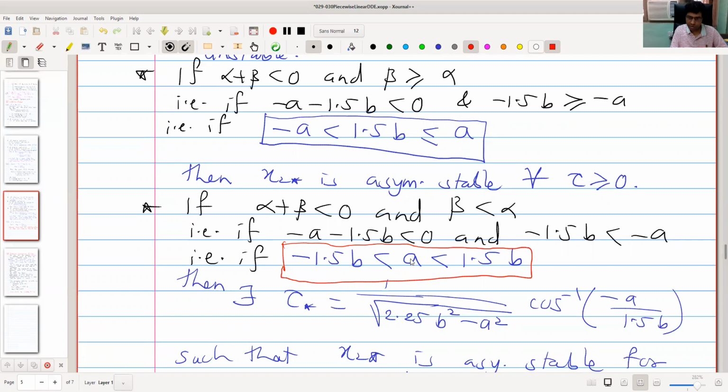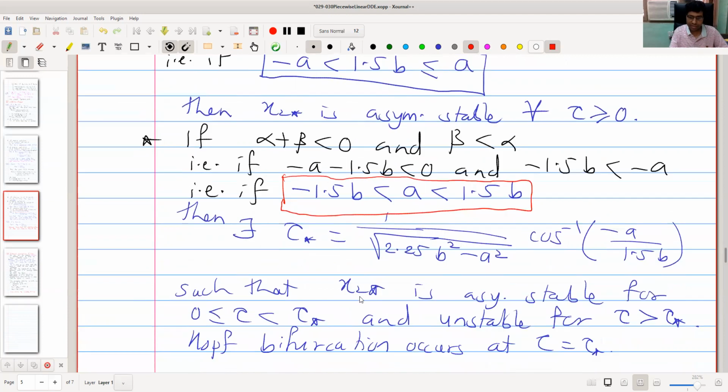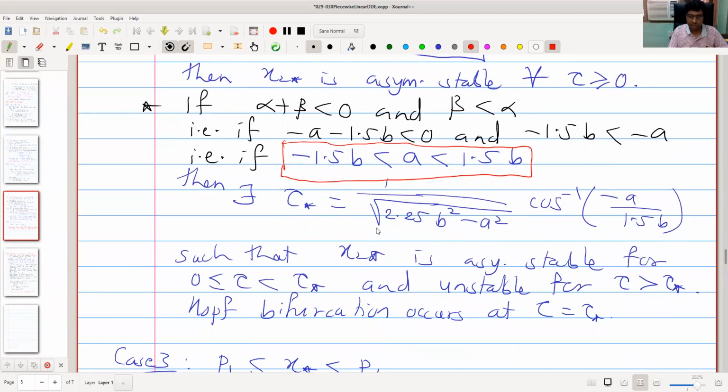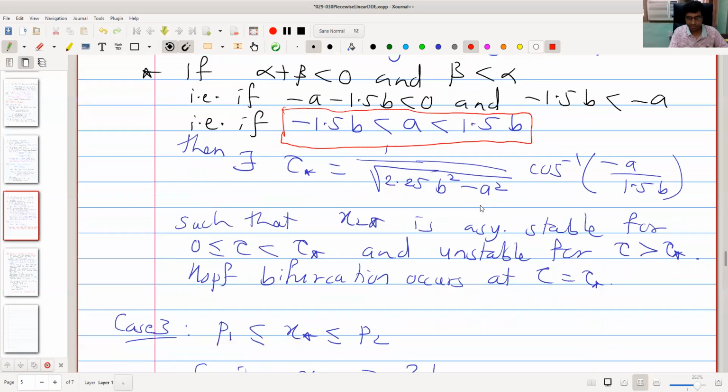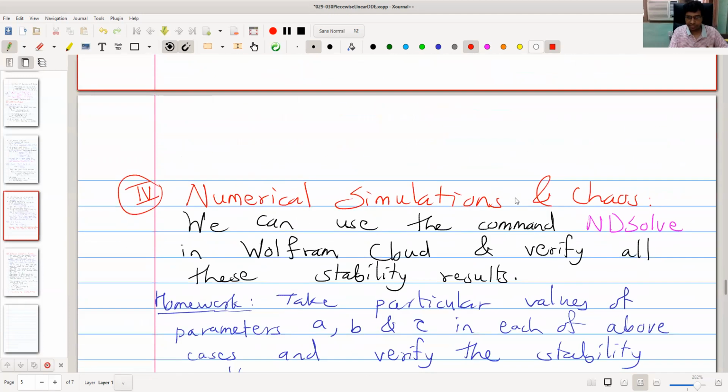So 0.16 is between minus 0.3 and plus 0.3. So this condition is satisfied. So the equilibrium points x2 star and x3 star are stable when tau is between 0 and tau star. We find tau star also.